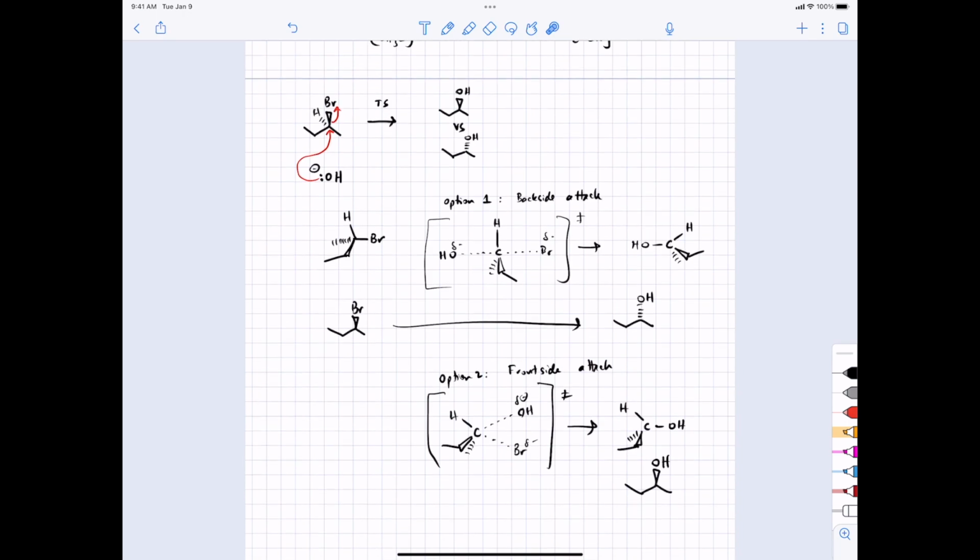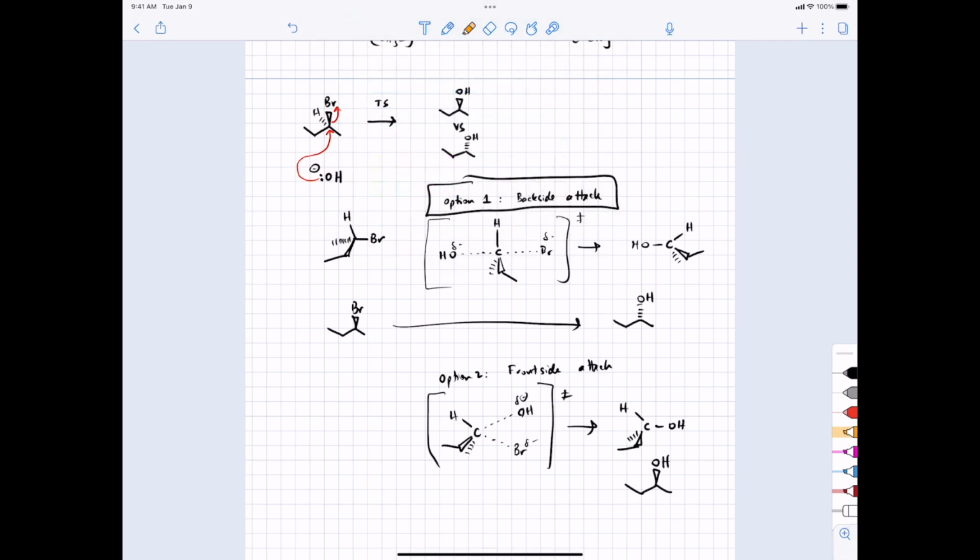So we would predict, if the reaction is concerted, that it's SN2, that we're not going to lose optical activity. Now, option 1 is preferred here. Backside attack is preferred for the SN2 reaction.